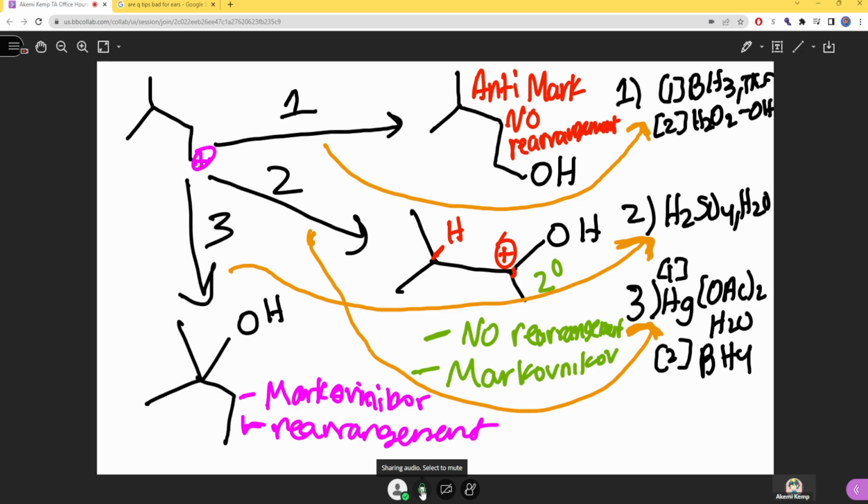It can be the primary, and the primary could also cause a shift to the secondary, which would be here. And then if you were to do your hydride shift from the tertiary carbon up here, you can end up with a tertiary carbocation here. So primary, secondary, tertiary.